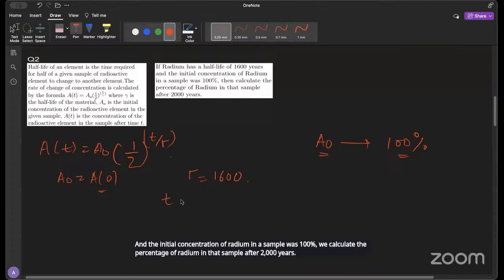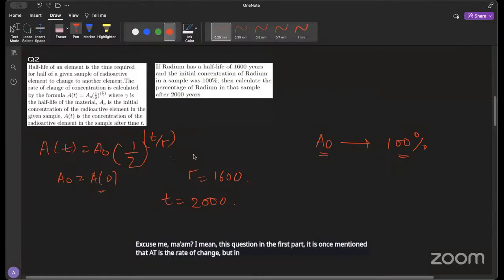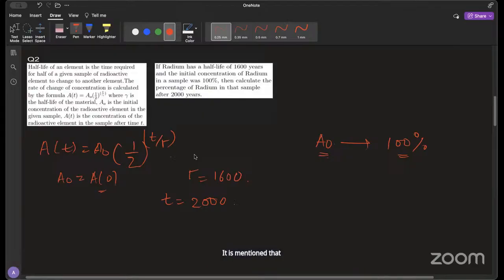Excuse me, ma'am. In the first part of this question, it is mentioned that A_T is the rate of change, but in the second part, it is mentioned that A_T is just the concentration at time t. Both things are different, so both cannot be the same.